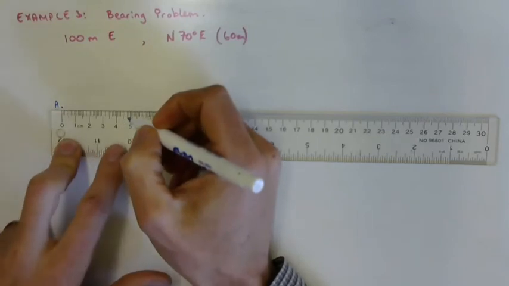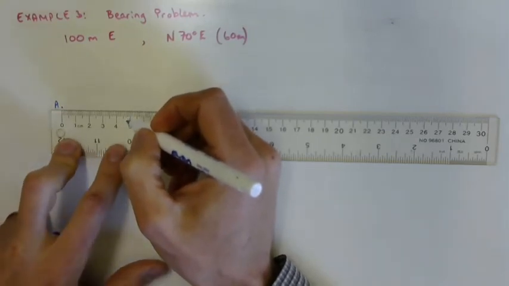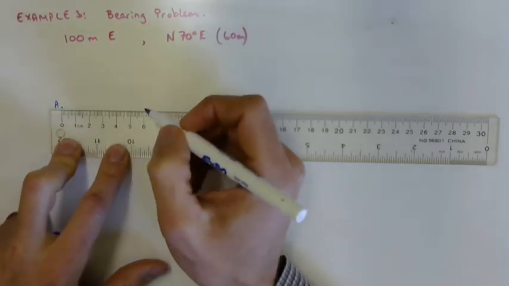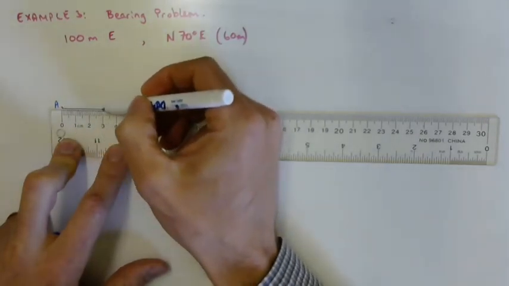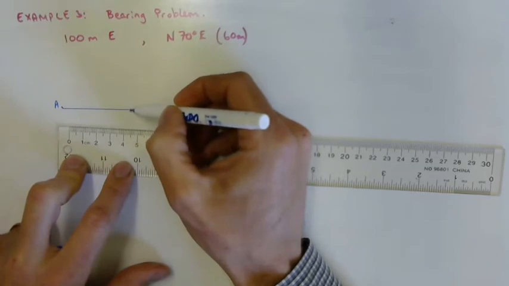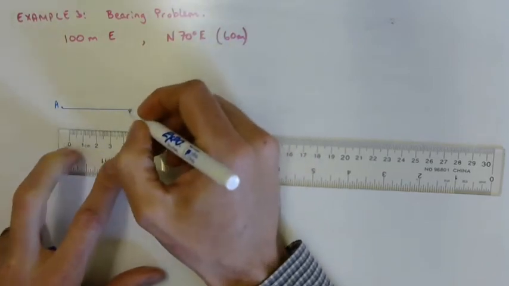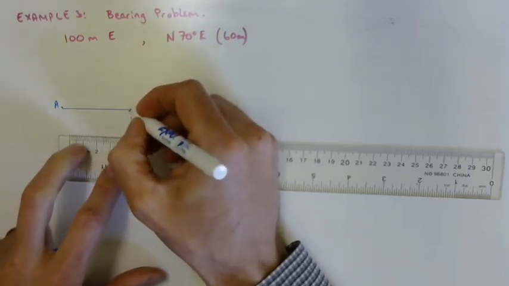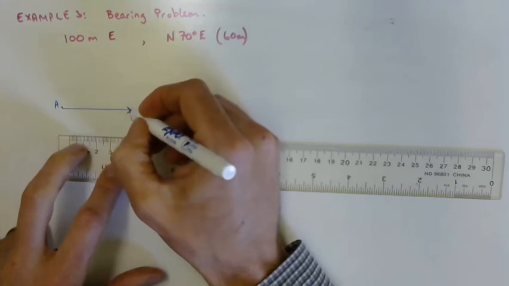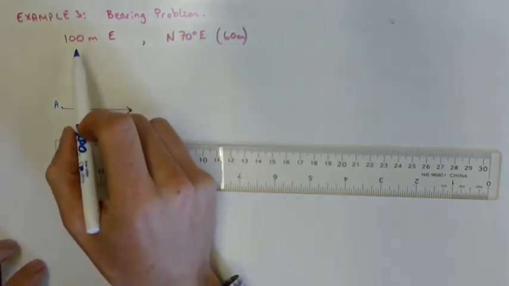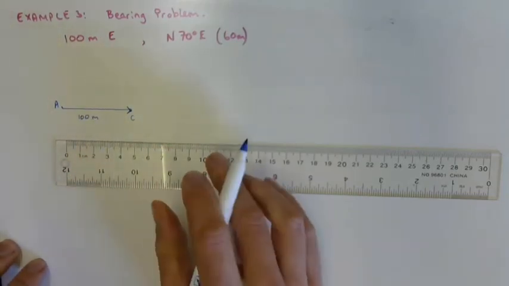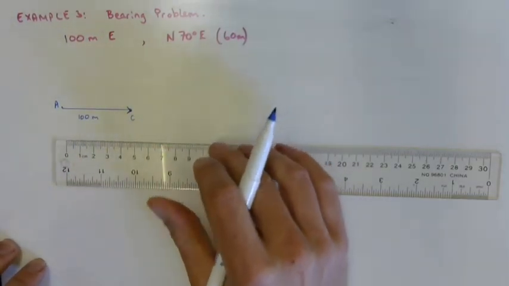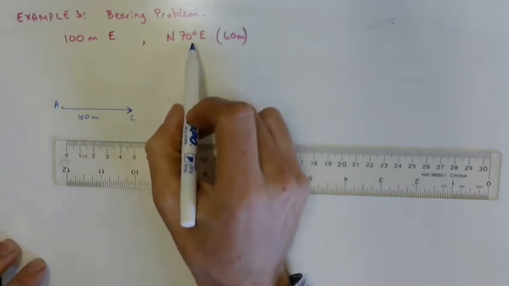We're going to head due east, and I'm going to say that 1 centimeter is 20 meters. So it's going to take me 5 centimeters to get 100 meters. We'll call that point C. Why? I don't know. But there we have our first thing. We're going 100 meters due east. And then from there, we're going to go north 70 degrees east.